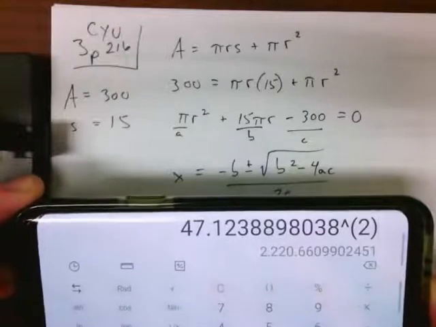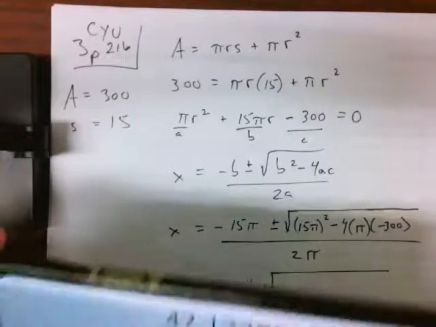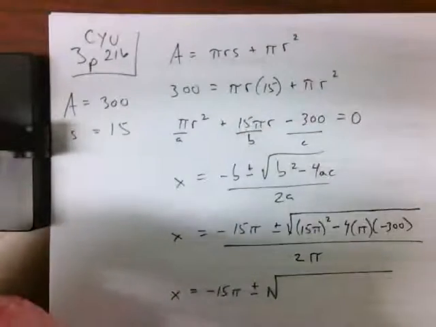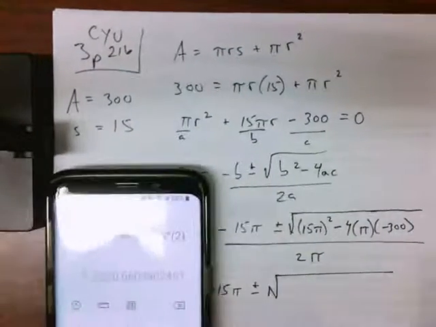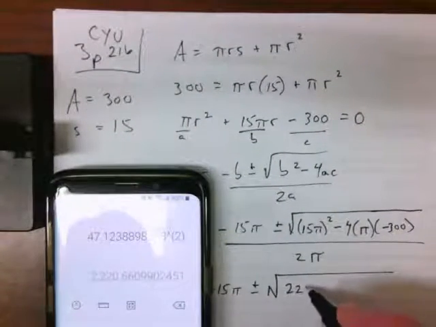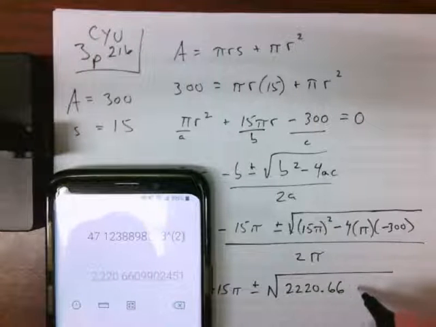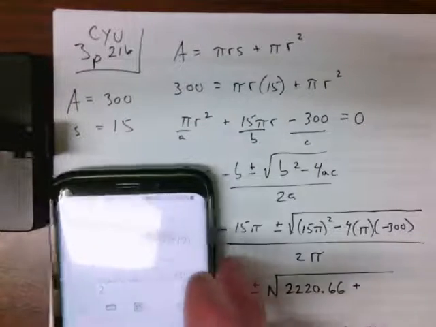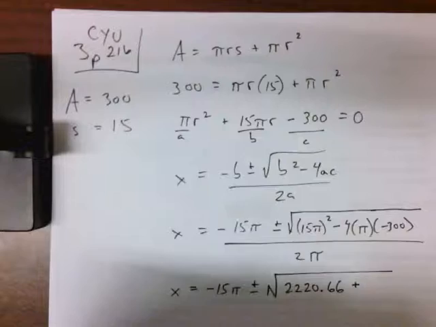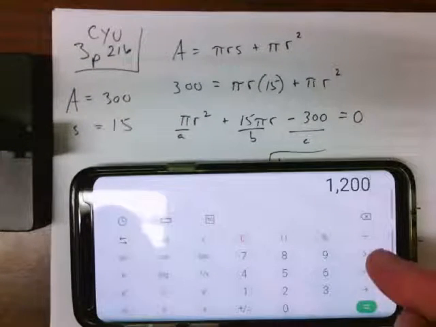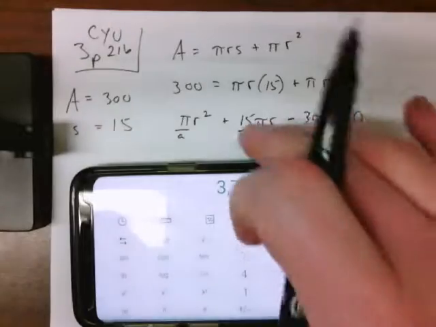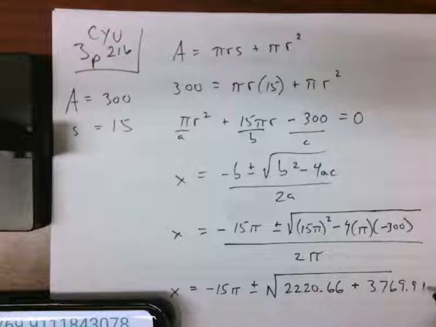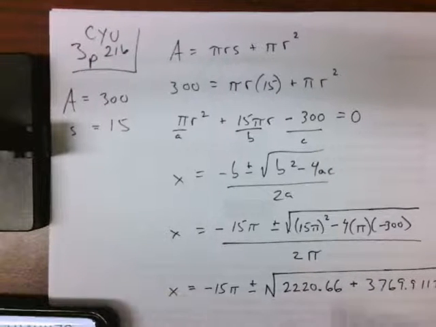Squared is 2220.66, we'll say for now, minus, and then, oh, it's going to be plus because it's a negative and a negative. So 1200 times pi is what I need to put in here. 1200 times pi equals 3769.9112. Blah, blah, blah. That's gross.